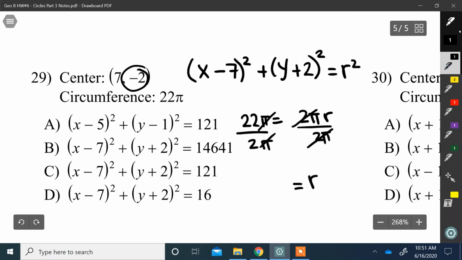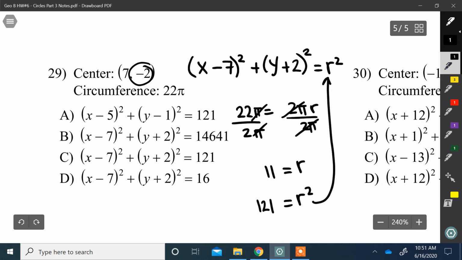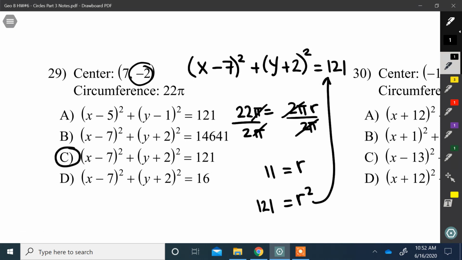This will also cancel. 22 divided by 2 is 11. And r squared, okay, 11 squared is 121. That's what I'm going to put right there. So that r squared, I'm going to replace it with 121. Okay? So 121, as you can see, it's either A or C. But if you look carefully, it must be C as your final answer.